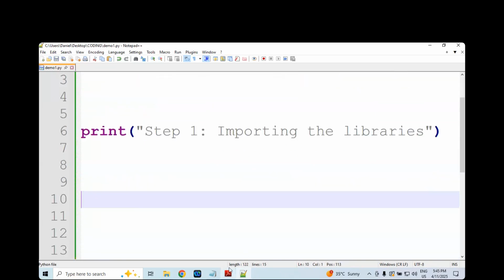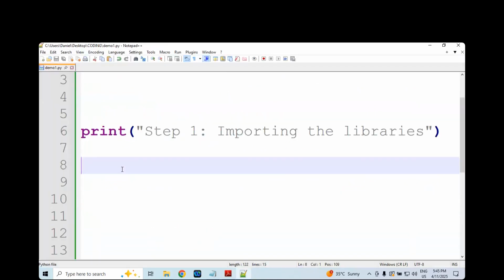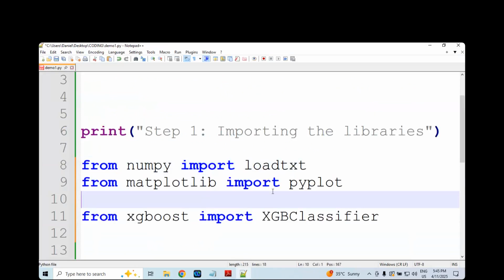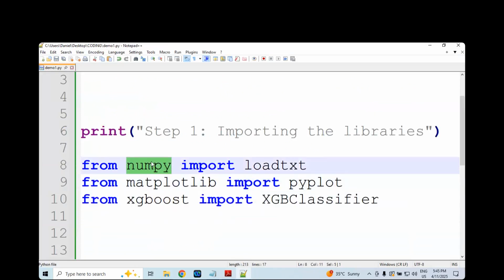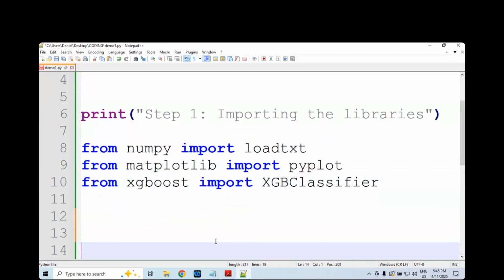I hope you know that. Let's take this. We are working with NumPy to load the data set. We are working with Matplotlib. I wanted to visualize, not only telling the scores, I wanted to visualize the scores so that it gives more clarity. XGB classifier is nothing but an algorithm.